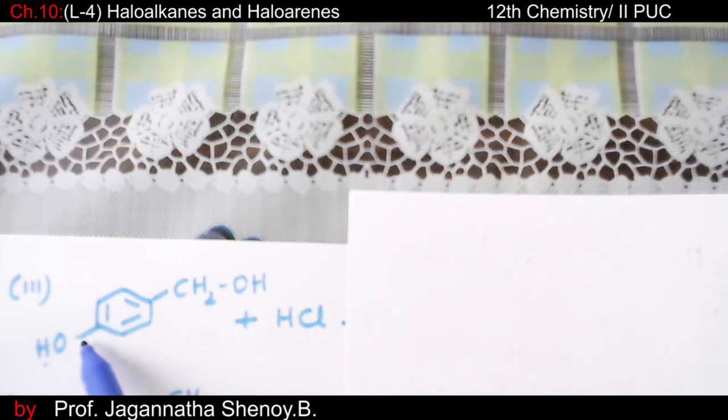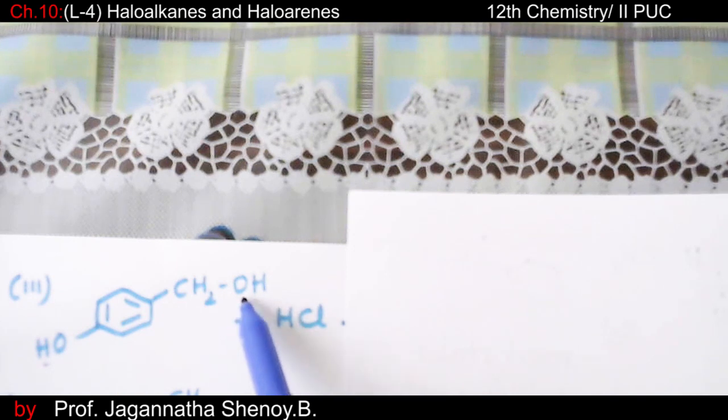And very shortly, you are going to study that the bond between the carbon atom of the benzene ring and the oxygen atom of OH has a partial double bond character due to resonance. That's why breaking the carbon oxygen bond in the aryl oxygen case is difficult. So HCl cannot replace phenolic OH.